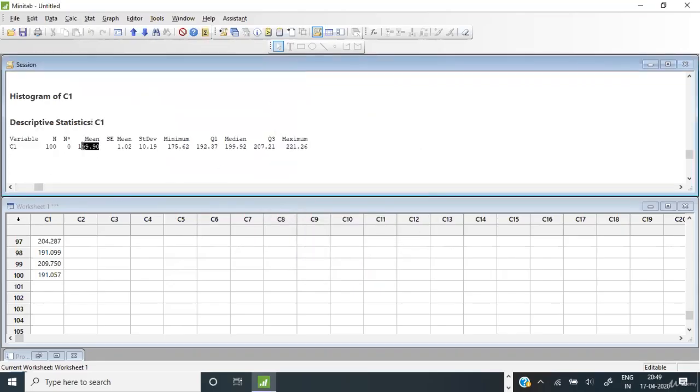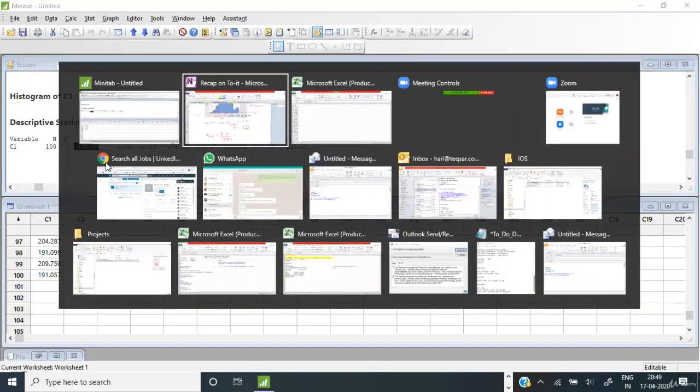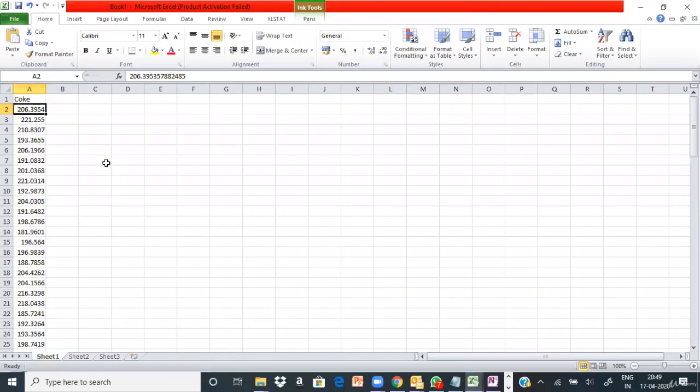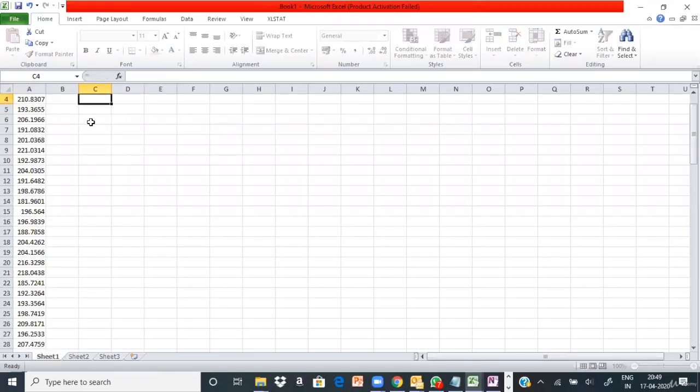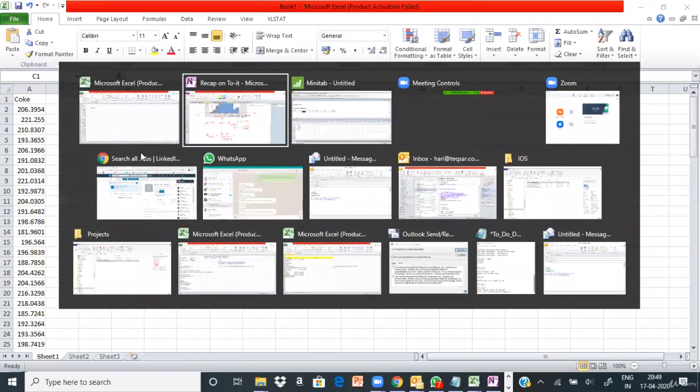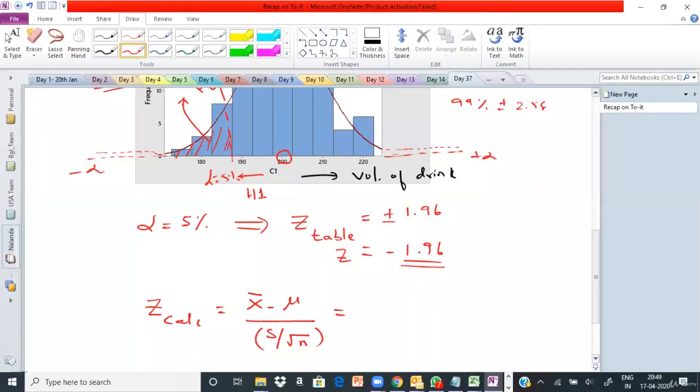Mean is 199.9. That means if I want to select this, mean is nothing but my average of this data. Very simple. How much is it? 199.9. So don't get confused about this. So your X bar here is 199.9.